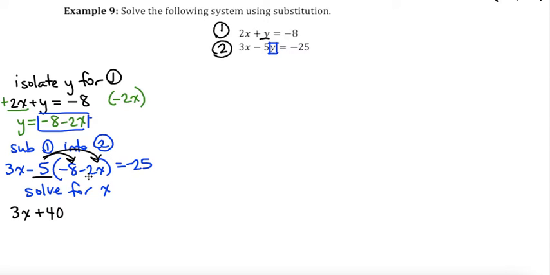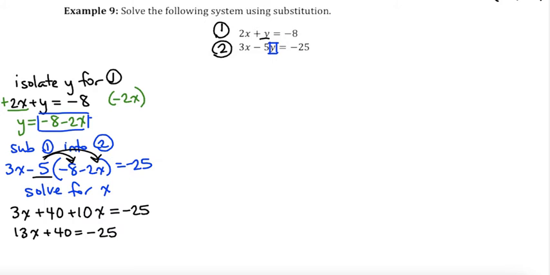Negative 5 times negative 2 is positive 10, and then tack on that x at the end. And that's equal to negative 25. Collect your like terms. 3x plus 10x is 13x. Plus 40 equals negative 25.